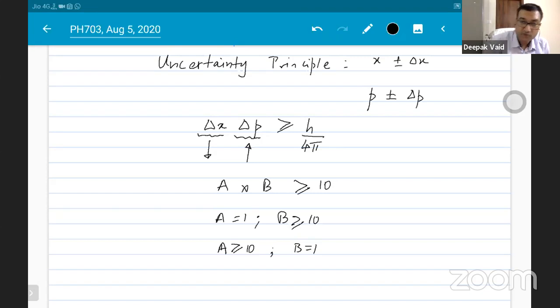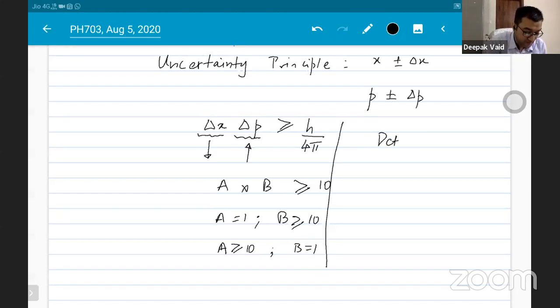So what this tells you is that if you try to measure the position to some accuracy, you won't know the momentum. If you try to measure the momentum, you won't know the position. And what this does is it destroys the old deterministic view of the world.